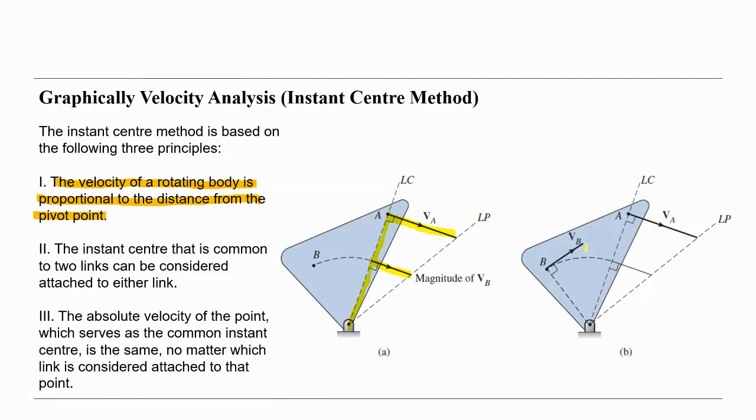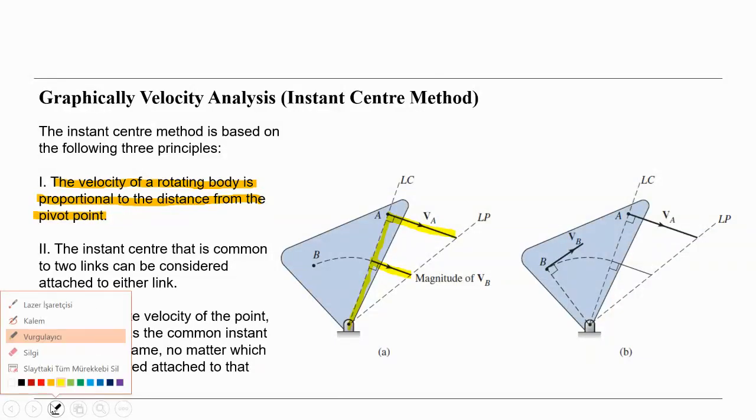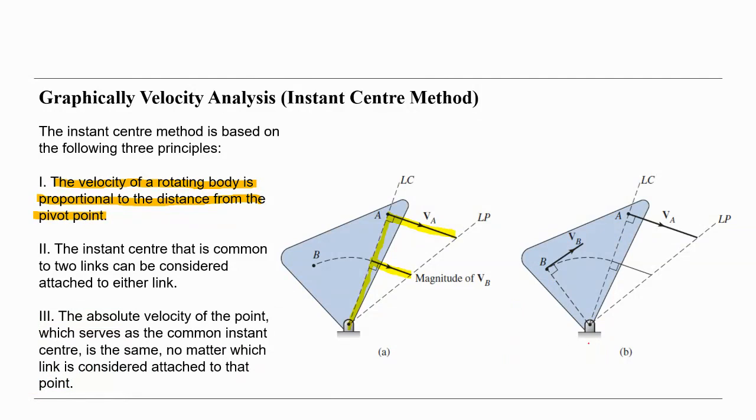So we can calculate the absolute velocity. Like here, point B and point A both are turning about the point O. It's not indicated; use here point O, the instance center for points B and A.